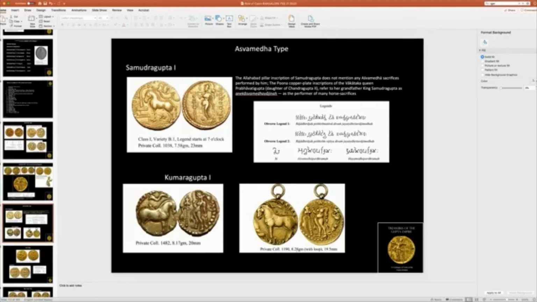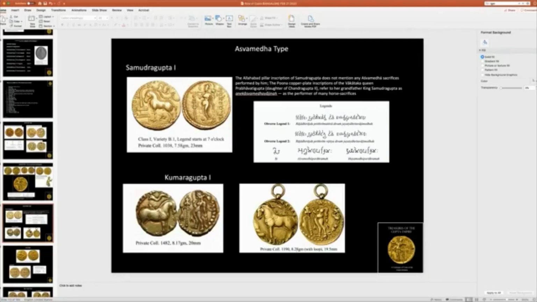She married the Vakataka king and became the queen there. And she refers, in the Pune copper plate inscription that is issued by her, to her grandfather, King Samudragupta, as Anek Ashvamedha Yajin, the performer of many horse sacrifices, definitely more than one and two.